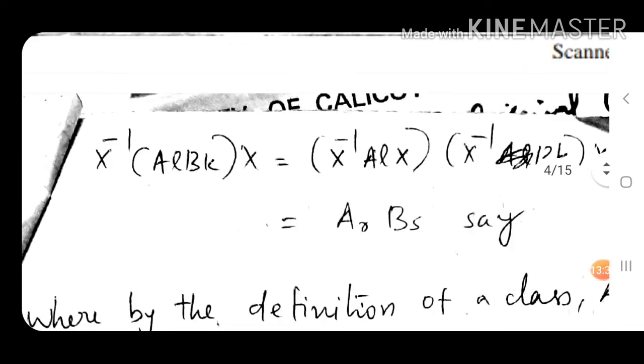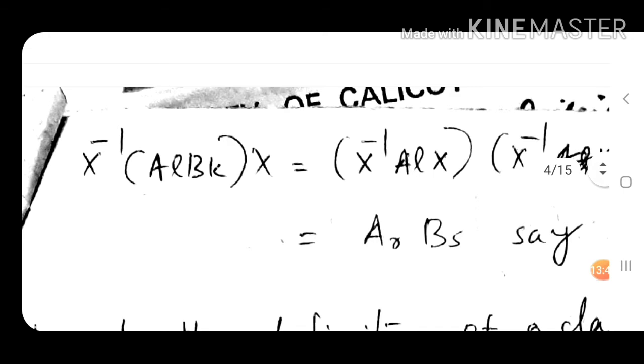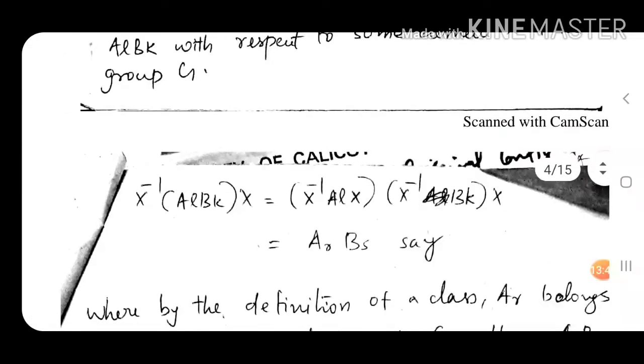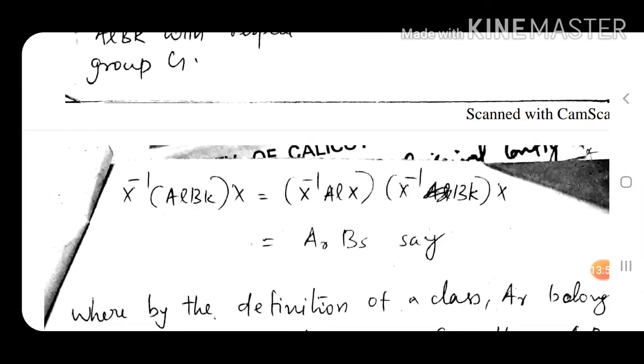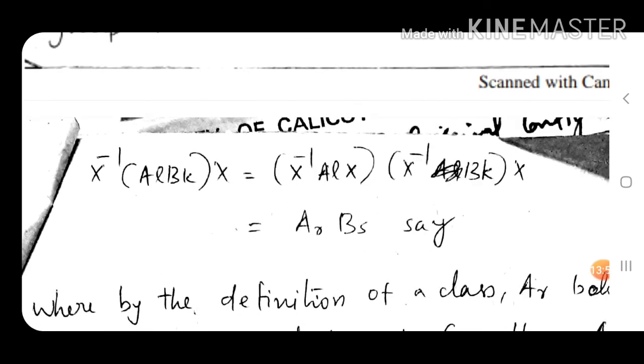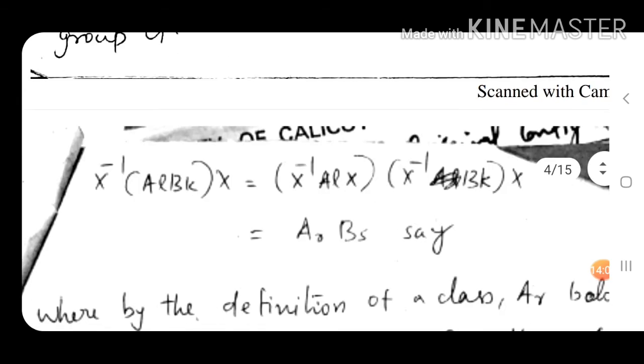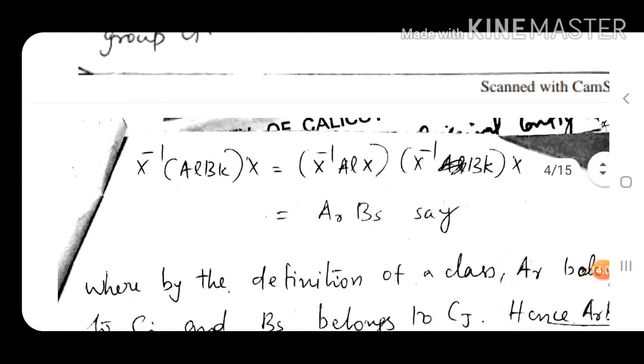In between Al and Bk, I can assume there is an identity element E, which is not going to make any difference, and which can be written as x x inverse. So we get x inverse Al x times x inverse Bk x. Here x inverse Al x is Ar, the conjugate element corresponding to Al, and x inverse Bk x is Bs, the conjugate element corresponding to Bk.